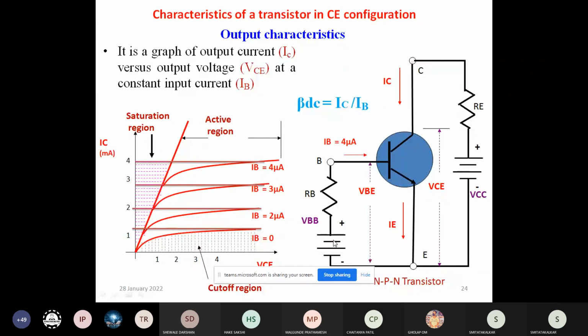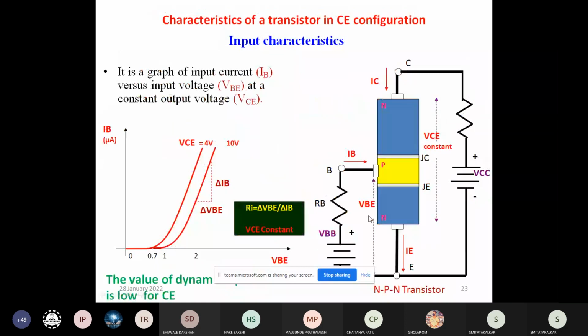In the input characteristics, if VBE increases, the current through the input base resistor increases. As in the previous diagram, if the voltage increases in forward bias, the current also increases.